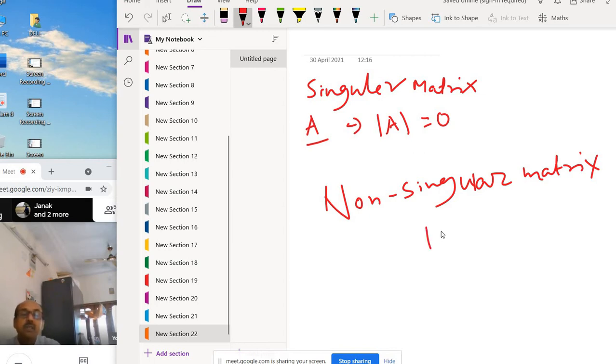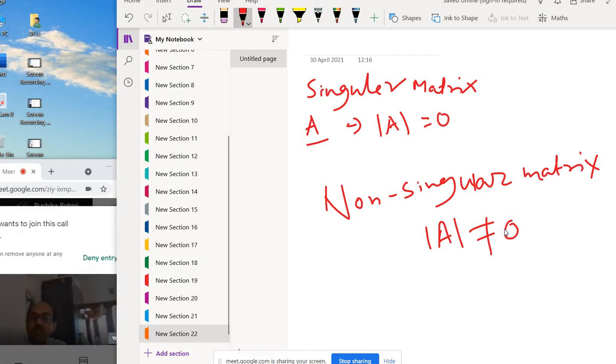The condition is that the determinant of the given matrix is not equal to 0, so it is non-singular. That means you always have to find its determinant value. If the determinant value is 0, it is a singular matrix.